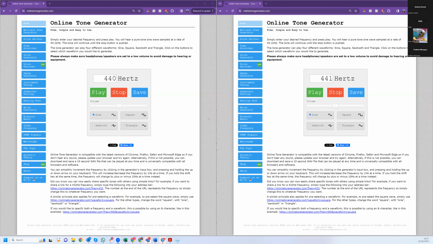Now I have 440 hertz and 440 hertz, two sounds. So I'm going to play them. Can you hear now? This is the note A. If you like music, you would recognize the note.